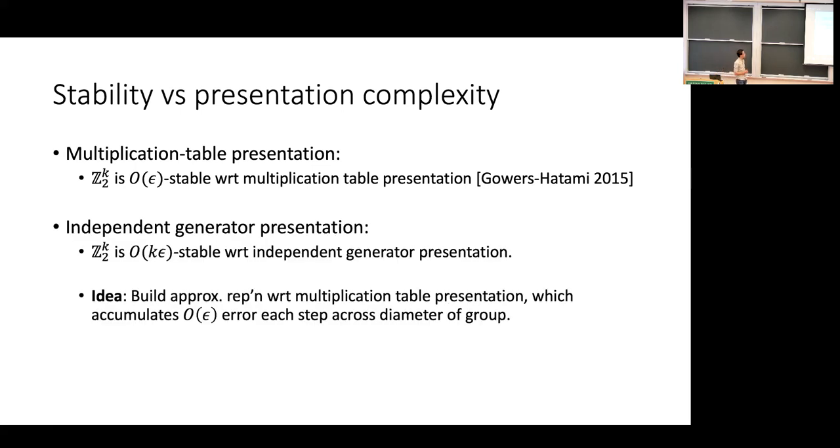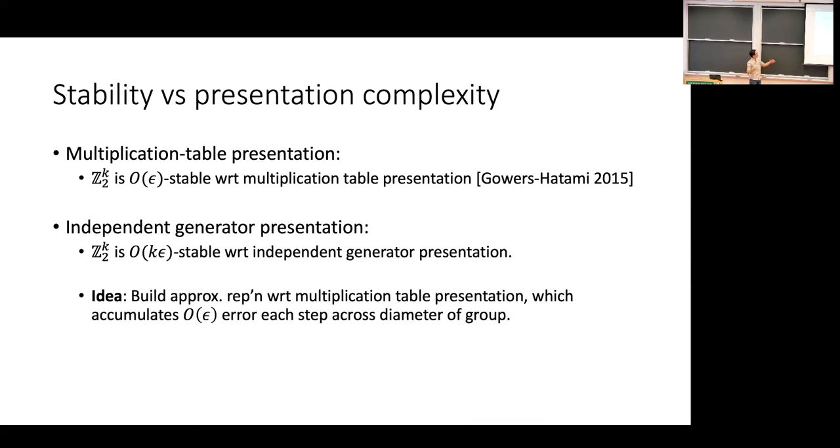What about the independent generator presentation? So it's stable, and the constant in front of the epsilon depends on k linearly. And one way to prove this is to reduce to the Gowers-Hatami result. If you come up with an approximate representation in terms of the independent generator presentation, you can build an approximate representation with respect to the multiplication table presentation. You just multiply things and the error will accumulate.